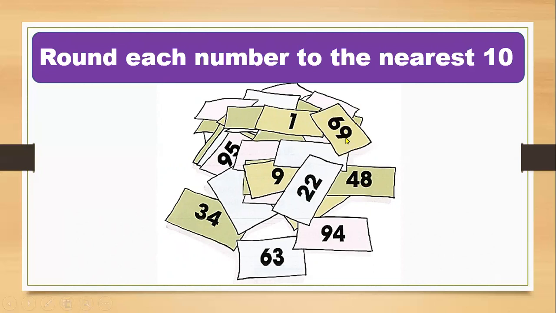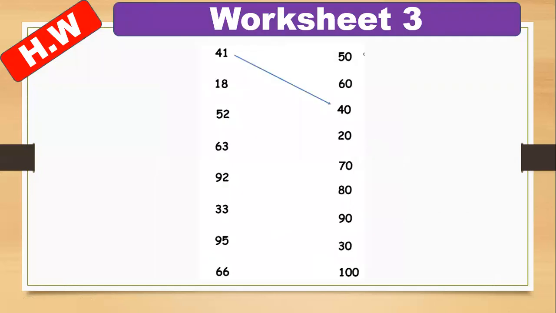It's 70, because the midpoint is 65 and 69 is bigger than 65, so it should be rounded up. This is the worksheet. What you have to do is look at the numbers on this line and try to estimate to the nearest 10, like 41. 41 is near 40, so you have to choose 40.